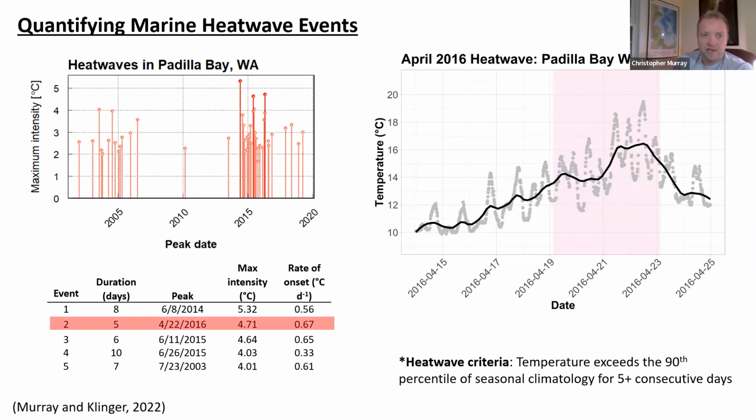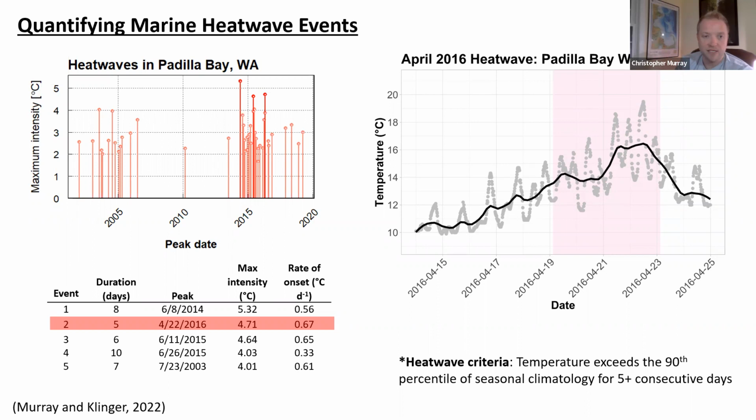So I'll orient each of these figures now. The top left panel is what we call a lolly plot. And each one of these red lines leading up to a small circle is a heat wave event detected in the data set. And the criteria that I used to actually identify heat waves in the data set were temperatures that exceeded the 90th percentile of seasonal climatology for 5 consecutive days.